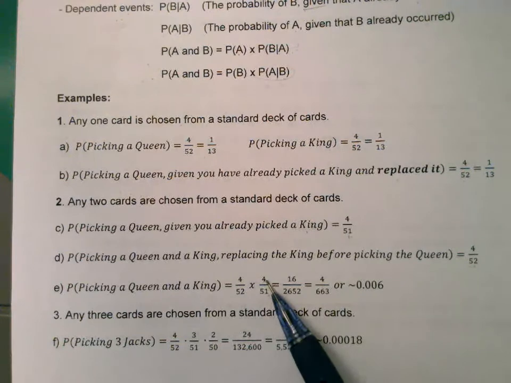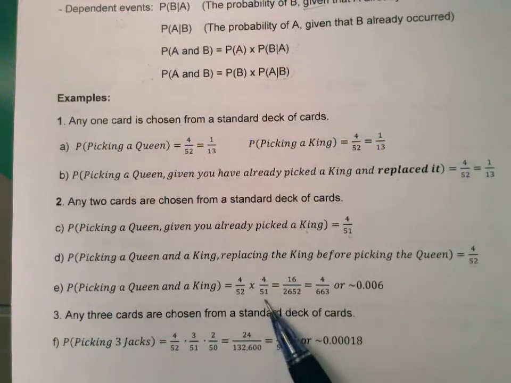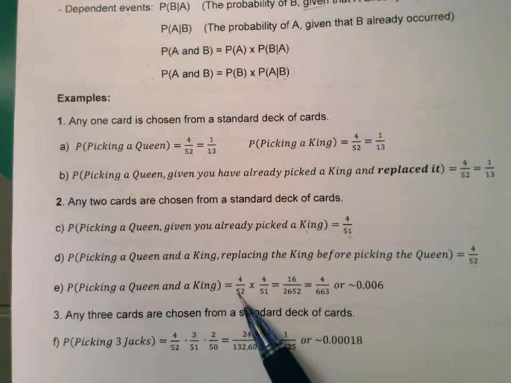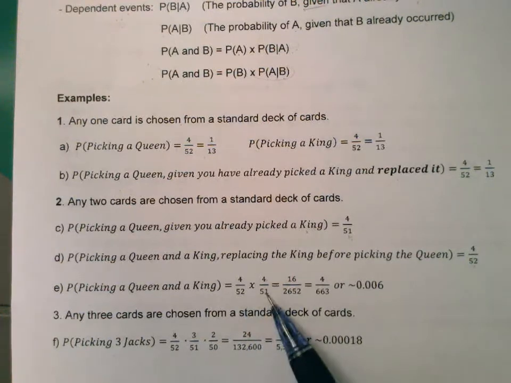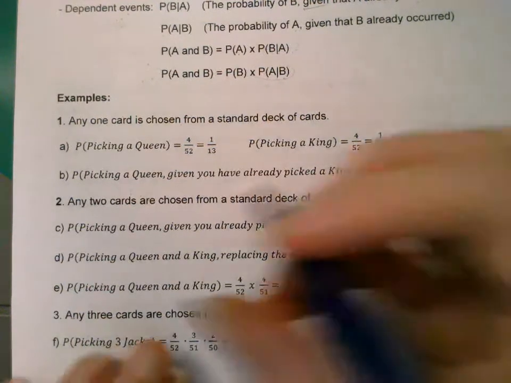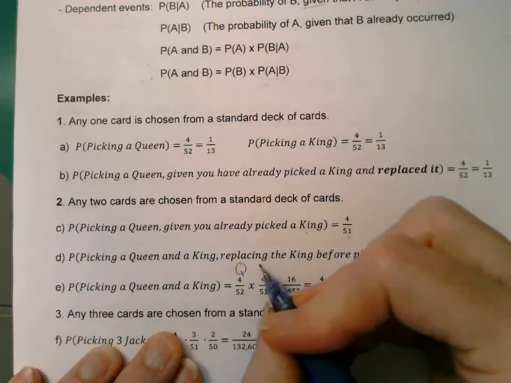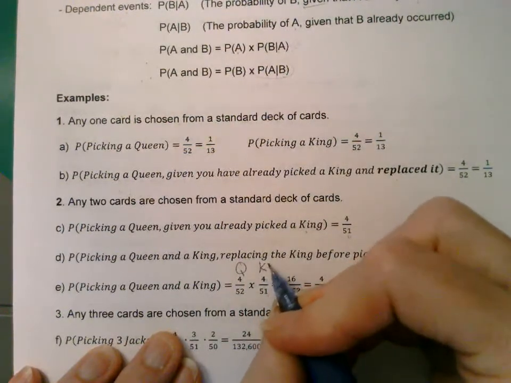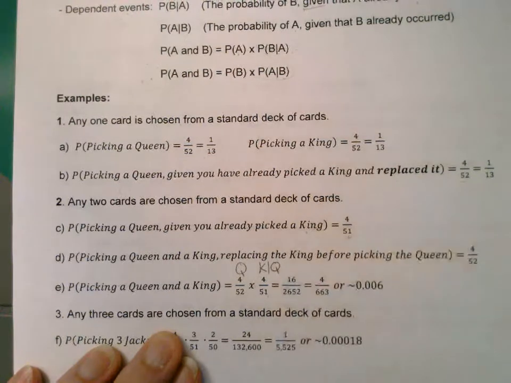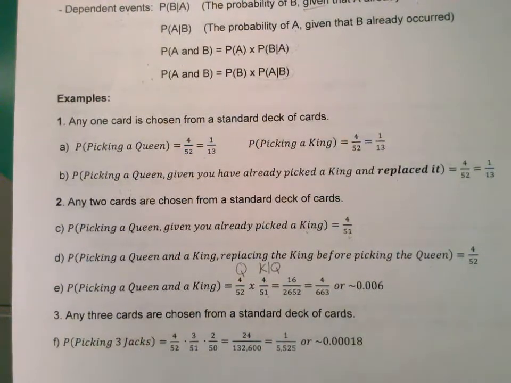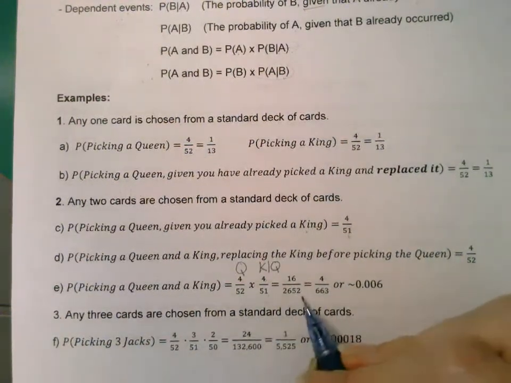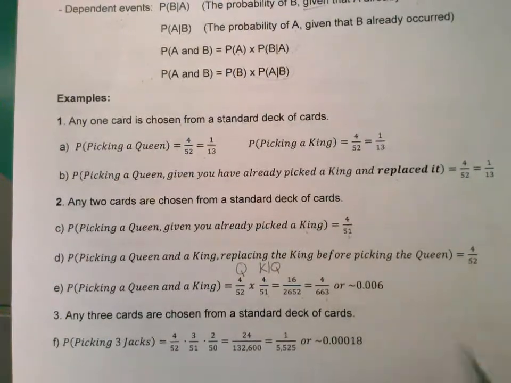So there's 4 kings still there. So this is the probability of a queen times the probability of a king, given that you've already picked a queen. Then you multiply across and reduce.